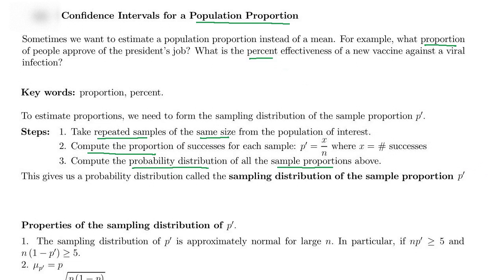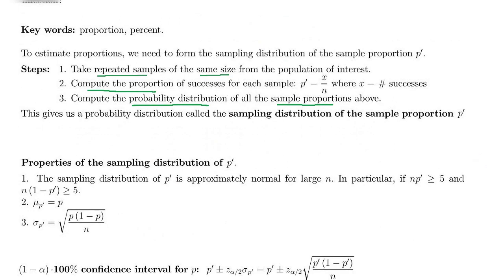So what are the properties of this new sampling distribution? The sampling distribution of P prime is approximately normal if n is big enough and if your population proportion is not close to 0 or close to 1. We measure that by looking at n times P prime, the number of successes, and n times 1 minus P prime, the number of failures.